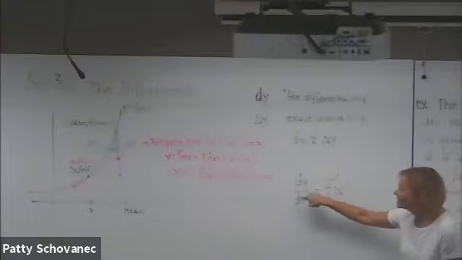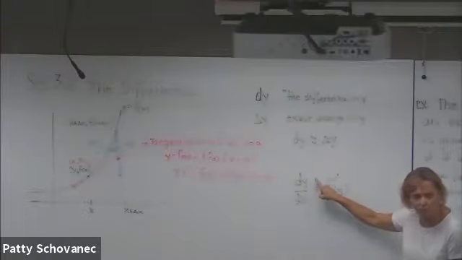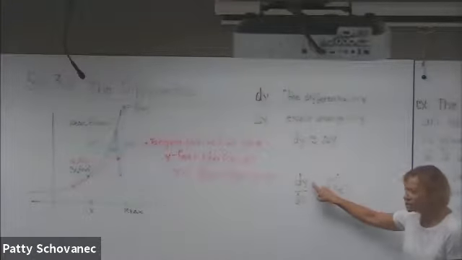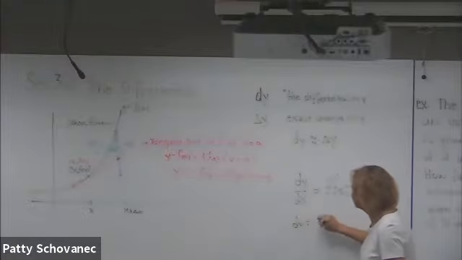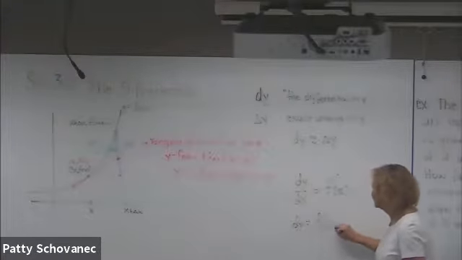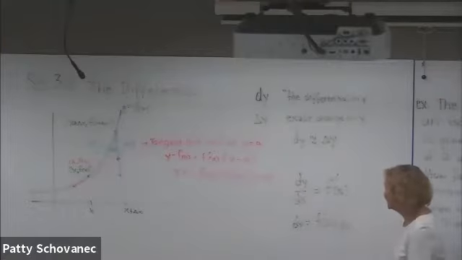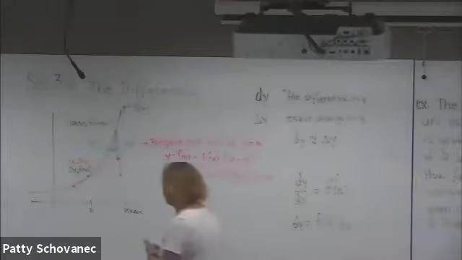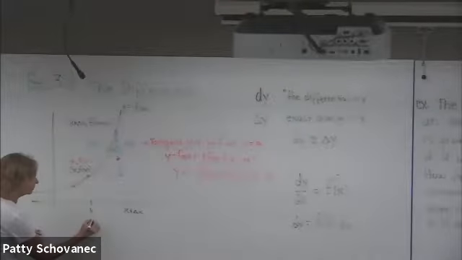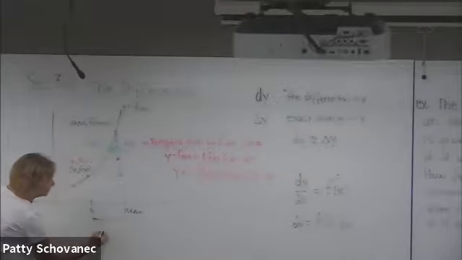So if I treated these as two differentials, the differential in y and the differential in x, and just solve for this, then I get dy is equal to f prime of x times dx. This is called the differential in x. The differential in x, since x is the independent variable, is exactly equal to the change in x.